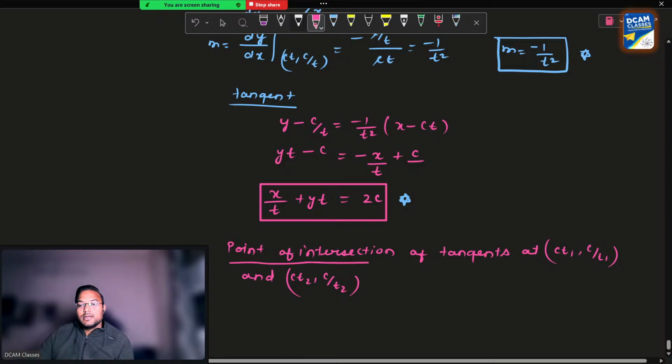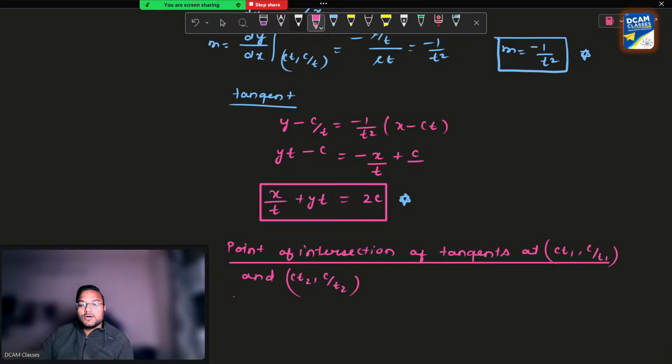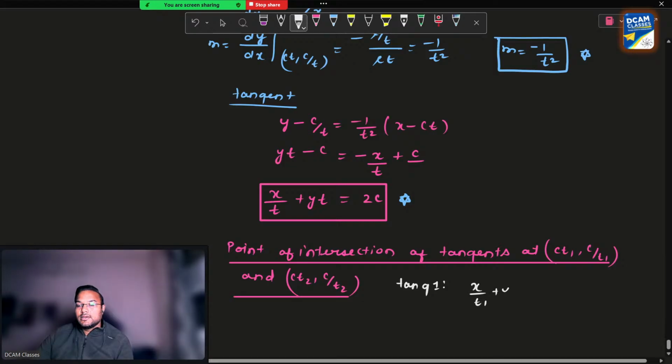Can you solve it? You will be able to solve it. You just have to solve two equations. One equation is this: tangent 1 will be x by t1 plus yt1 is equal to 2c. The other is x by t2 plus yt2 is equal to 2c. You have to solve these two equations and get me the point of intersection.